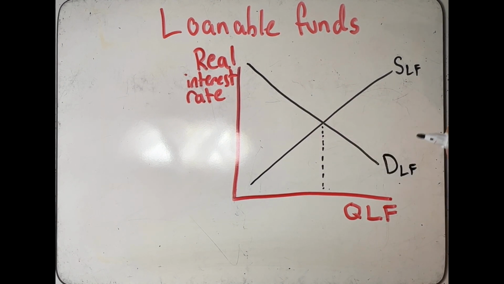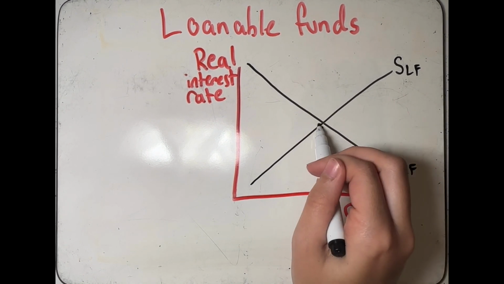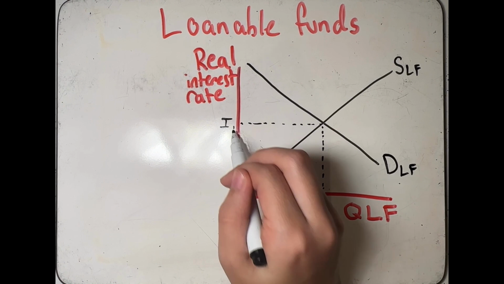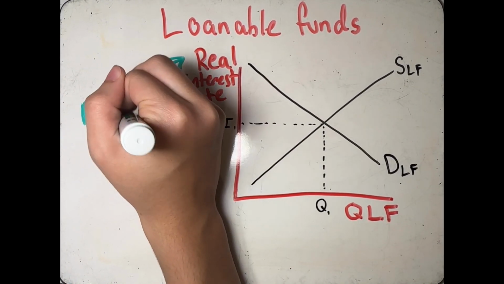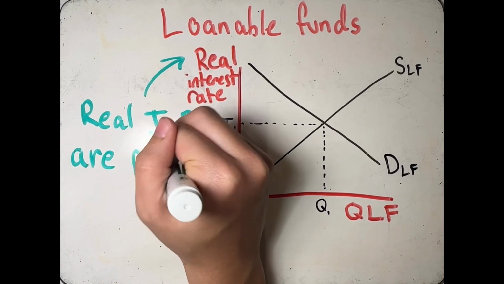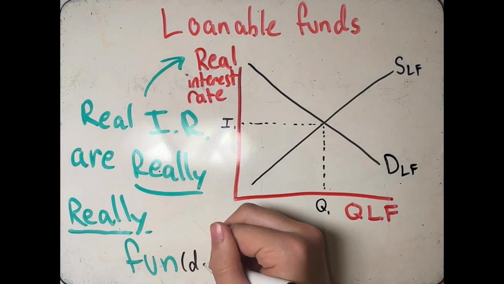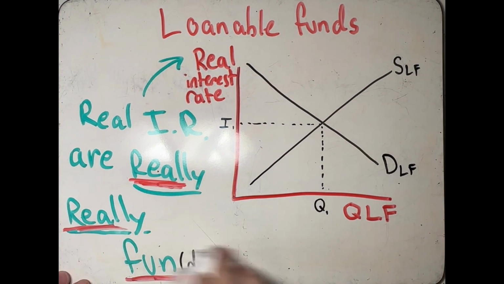When you are labeling the equilibrium points, label the x-coordinate with Q for quantity and the y-coordinate with I or R for interest rate. Anyways, you really need to remember that the real interest rate is what goes on the y-axis, so a good way to remember this is real interest rates are really, really fun.